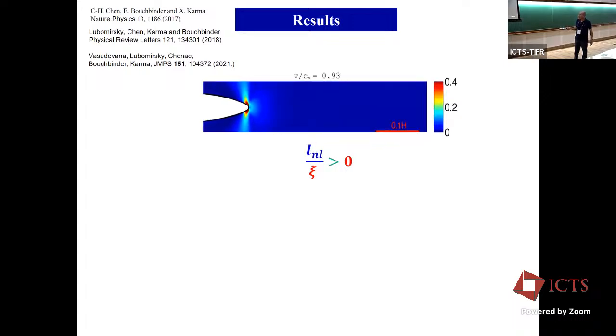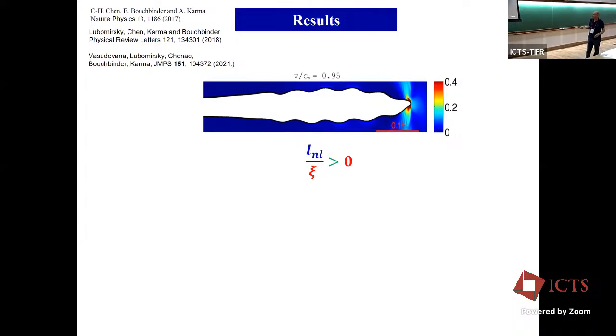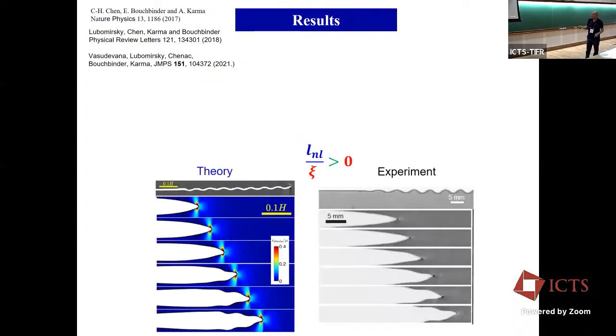Okay, now this is what happens when the nonlinear scale is finite. So one finds very nice colored pictures of wiggly cracks, which is almost what we saw in the experiment. The only difference is the experiment was in black and white. We didn't make nice color pictures. But to summarize what we found, it's basically this.